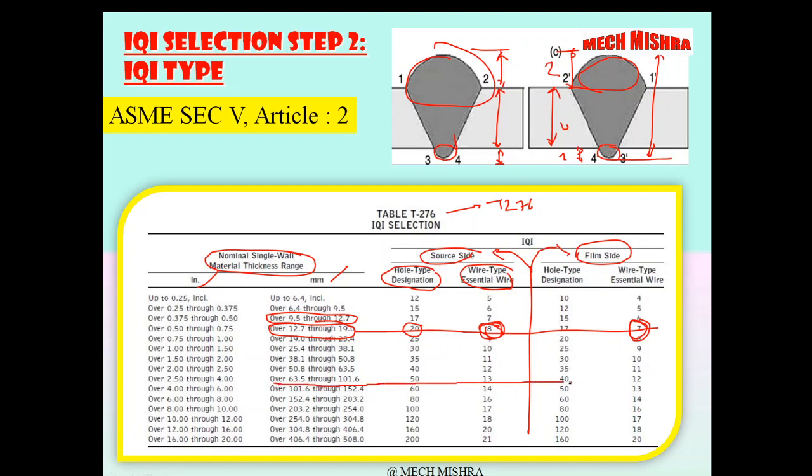So for 100 mm you can see 13 wire is the essential wire which needs to be checked if it is source side IQI, and if it is film side, the 12th wire should be visible. Okay, so this is ASME Section 5, Article 2, Table 276 we have seen.